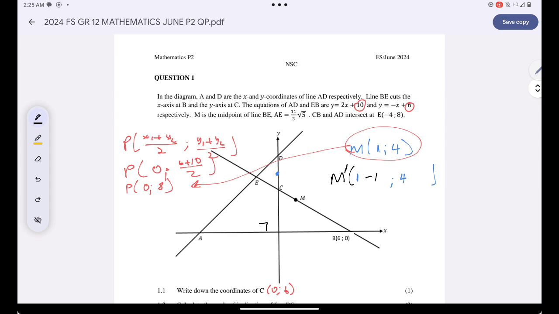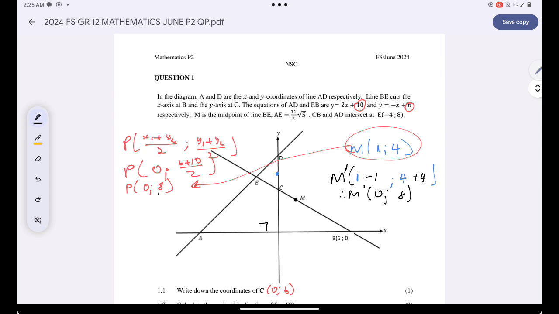That means we must subtract the 1, and we must have the 8 as the y coordinate. That means we must add 4. So the image will be 0 and 8.